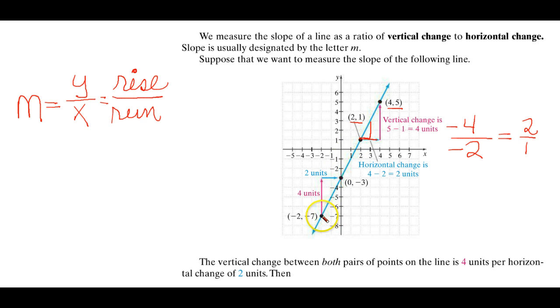So wherever you go, in fact, if you went all the way over here, all the way up here, it would be this same ratio. So for every unit of run, you get 2 units of rise. Or for every 2 units of run, you get 4 units of rise. That is your basic ratio of slope.